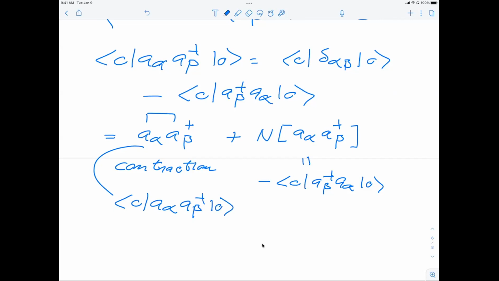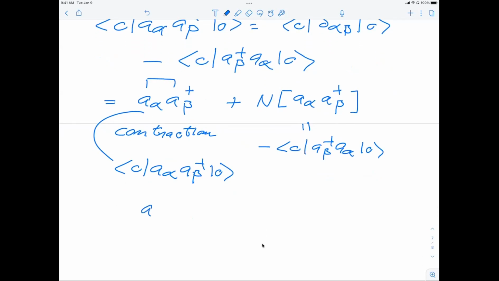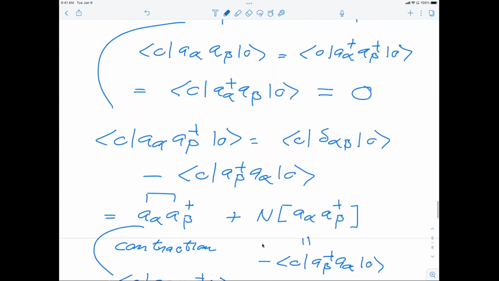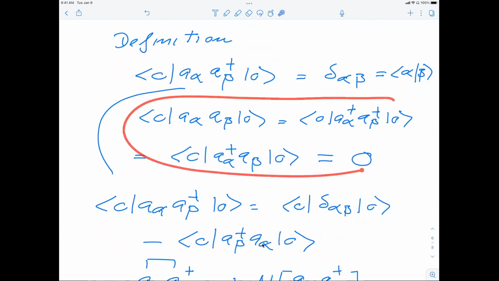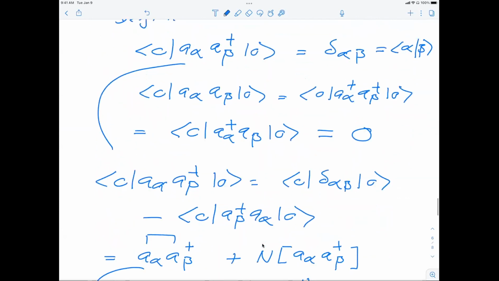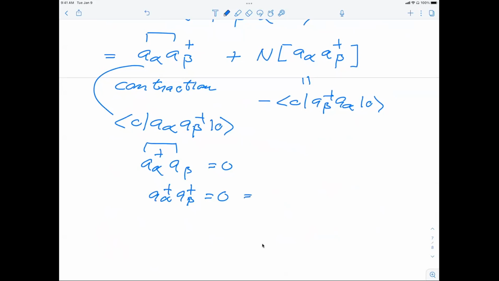Okay? So if I try A alpha, A beta dagger, this is obviously equal to 0. If I try A alpha dagger, A beta dagger, this is also equal to 0. And that follows from these relations which you see here. And this is also equal to A alpha, A beta.